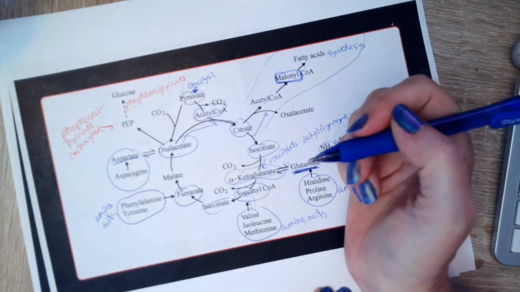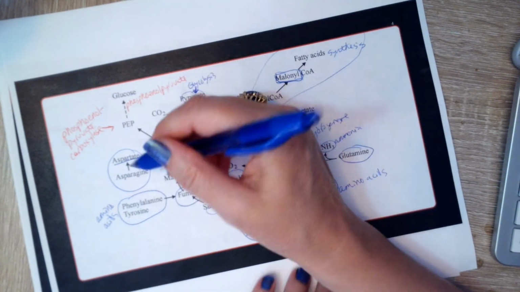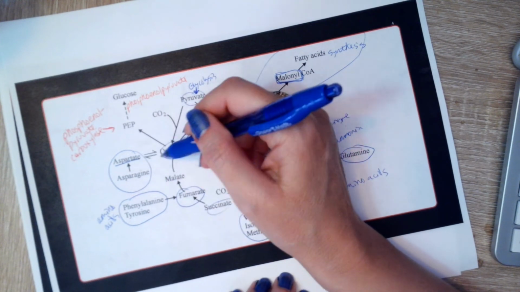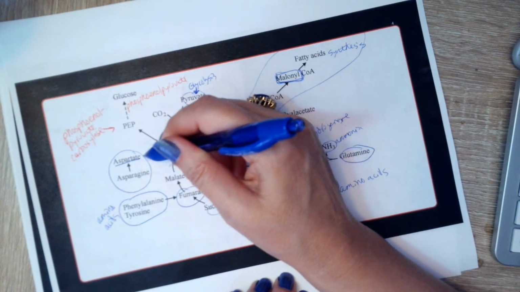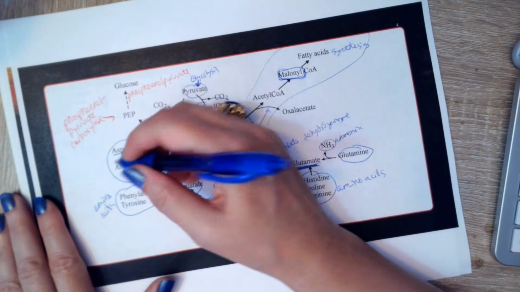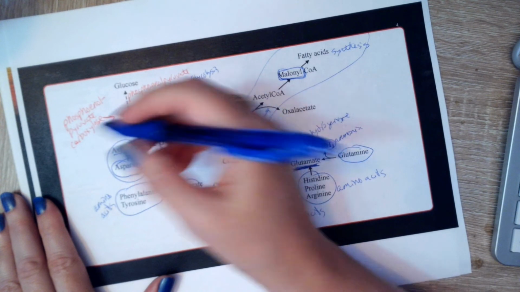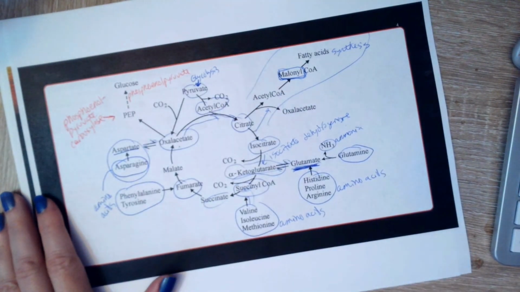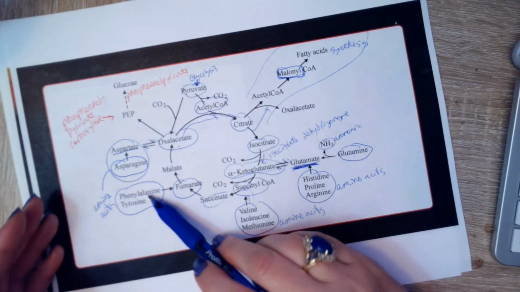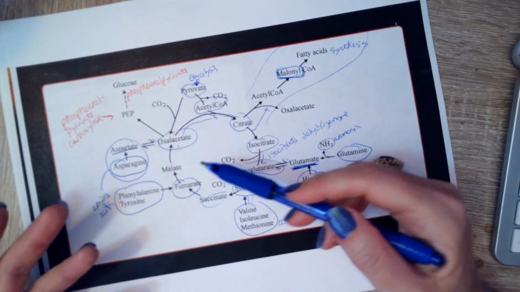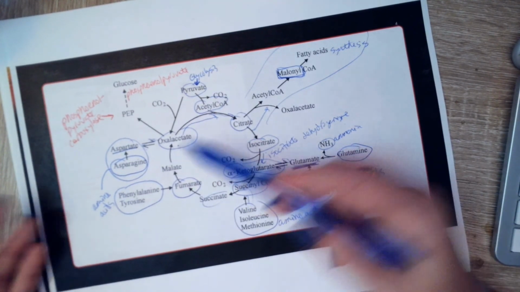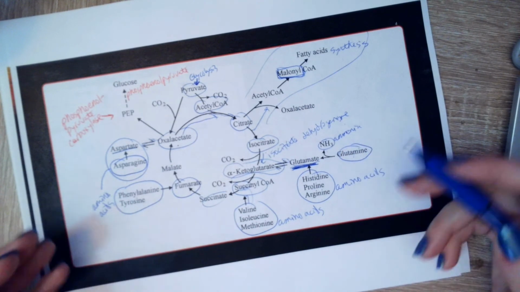We saw that in the malate aspartate shuttle. That can be used to shuttle across the mitochondrial membrane. So that's an important situation here. We know that's reversible. We've seen that reversing already in that malate aspartate shuttle. But this here, asparagine, that's also an amino acid. So you can just see all these different kinds of amino acids and how they're being exchanged from one molecule to another, and it's all integrated with the Krebs cycle. That is the whole point of that.